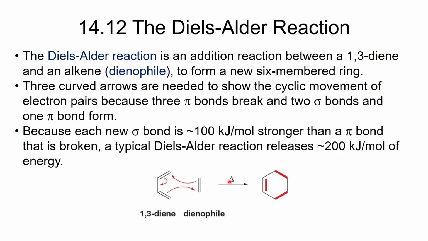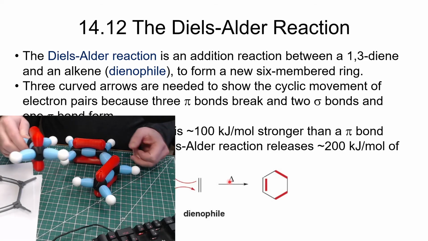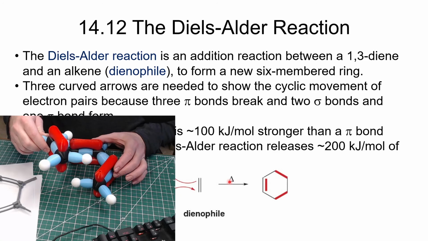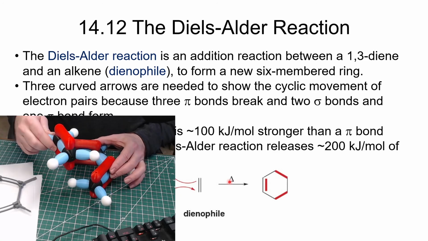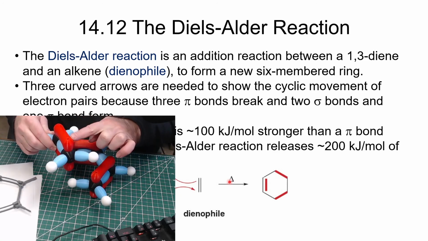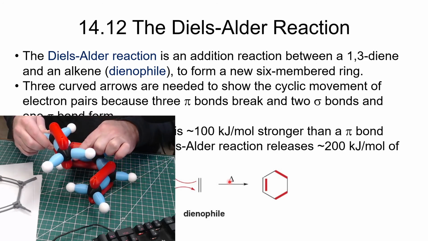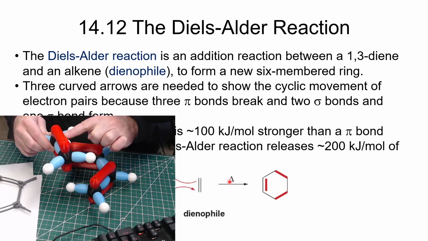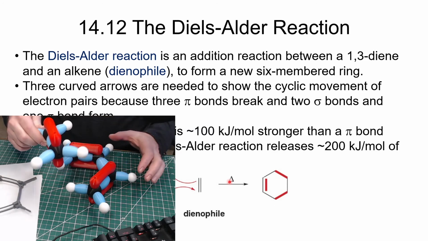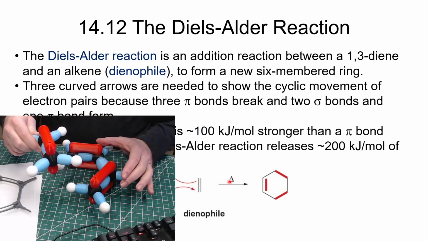So I'm also going to show you another molecular model. These are the models that I designed and 3D printed. Here we go. And so with these, we can see the p or the pi bonds a little bit better. So here we've got the pi bond that is above and below on this ethylene, the dienophile, and then here is our diene.